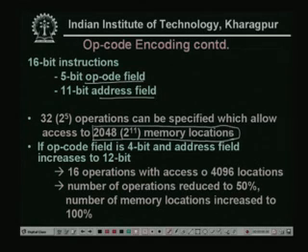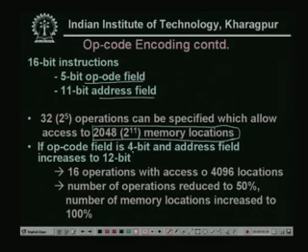So on these 2048 memory locations, data can be stored and the operations are performed on these data. That means the operations that are specified by this 5-bit opcode access the data from these memory locations.